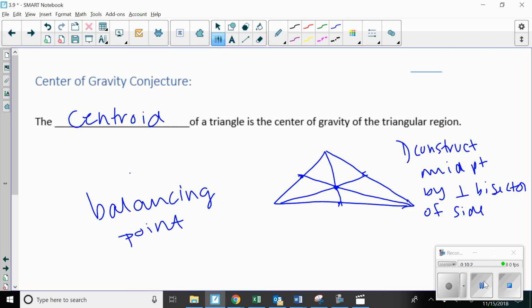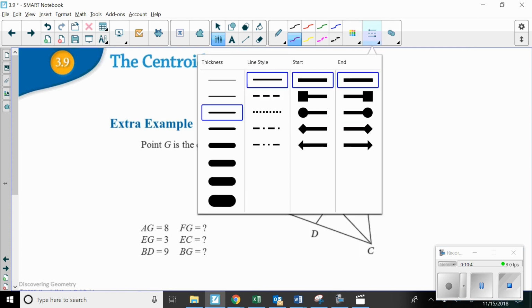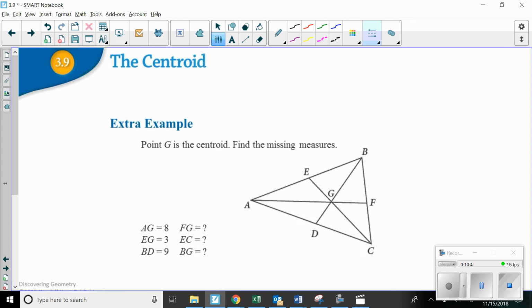So let's look at some specific examples of the relationship between the medians and the centroid. This is something that is not on your note sheet, but please refer to this diagram up on the board. Point G is the centroid. Find the missing measures. So if G is the centroid, the first thing I'm going to do is mark what I know about my diagram, because that's always going to be my first step. So G is the centroid, which means that G is the point of concurrency for all the medians.